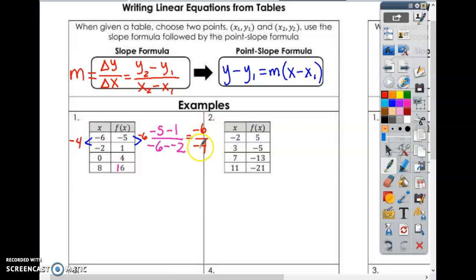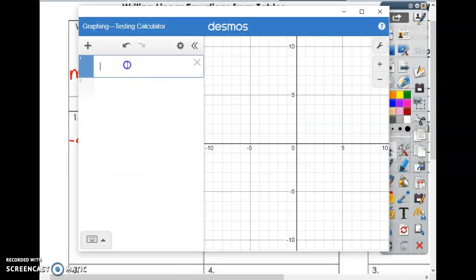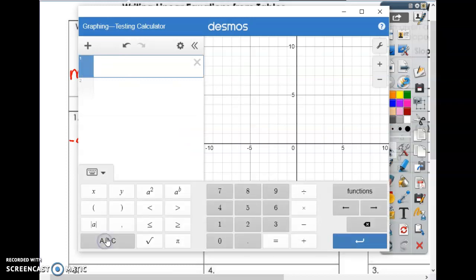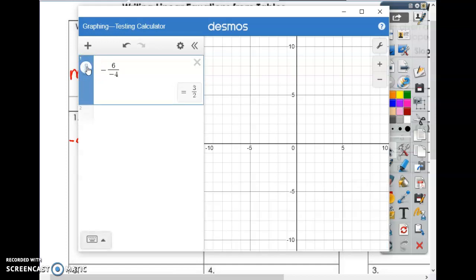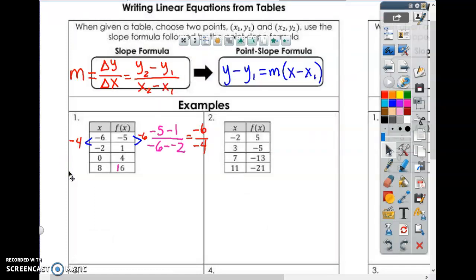So now you're going to divide them. So in decimals, negative 6 divided by negative 4. Hit the little fraction button. That gives you 3 over 2. So my slope is 3 over 2. M equals 3 over 2.